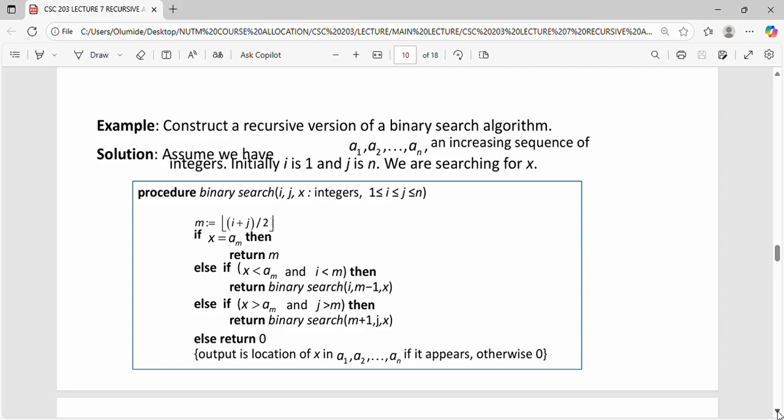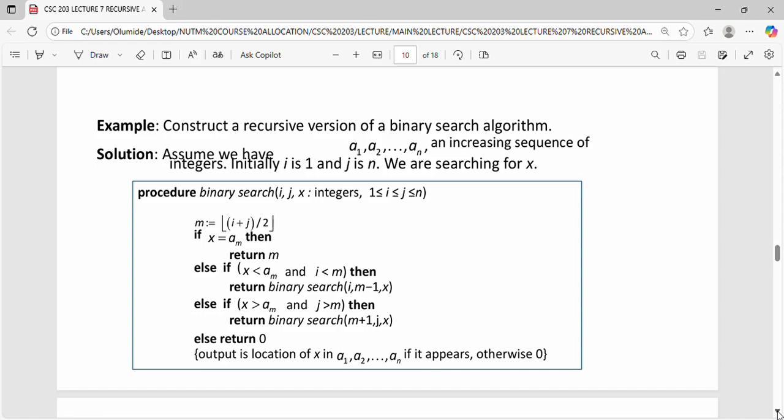Okay, now m. That is the floor. We can say m is the floor of i plus j divided by 2. Then if x is equal to a subscript m, then return m. Else, if x is less than a_m and i is less than m, then return binary search (i, m minus 1, x).